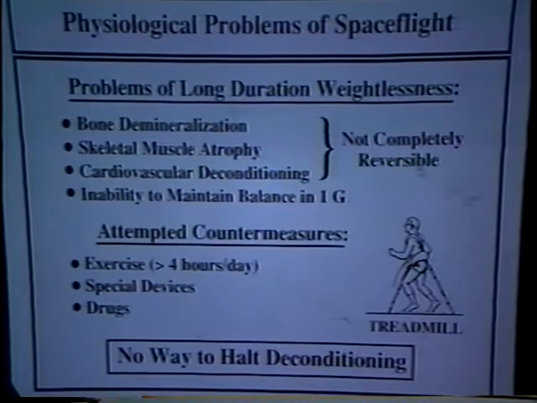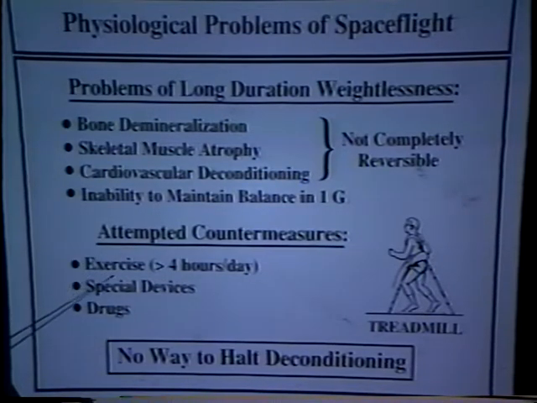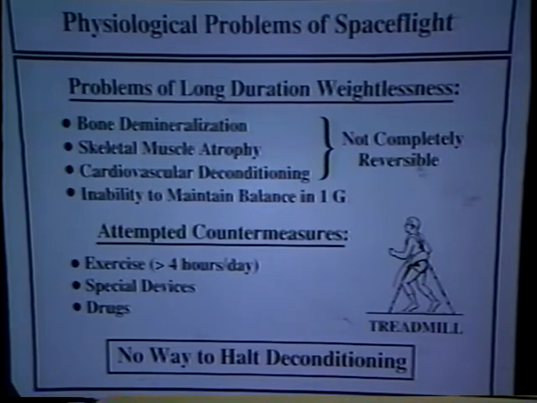They can't stop it. And after a year in space, they are able to see deconditioning about what you would see after 5 months in weightlessness. So no countermeasures have been found, and these problems would pose a threat to a long-duration mission, like a mission to Mars that could take 5 months to go there and 5 months to come back.